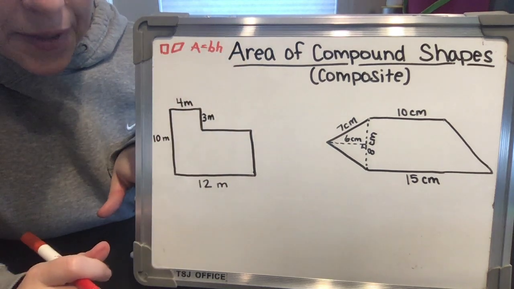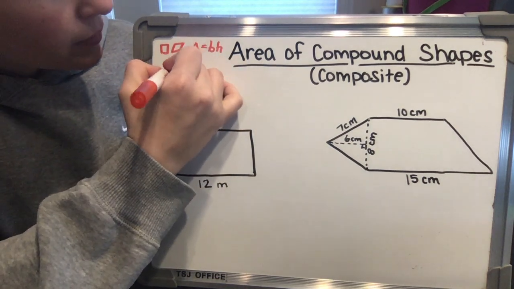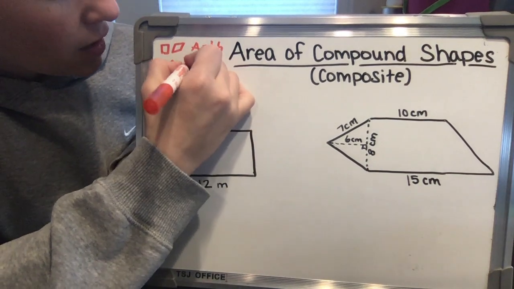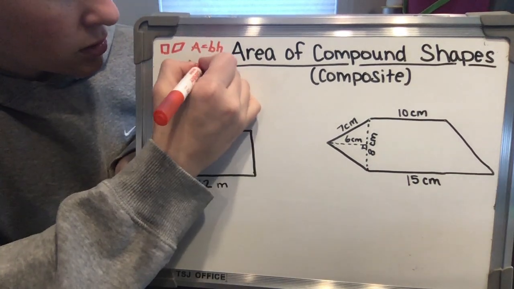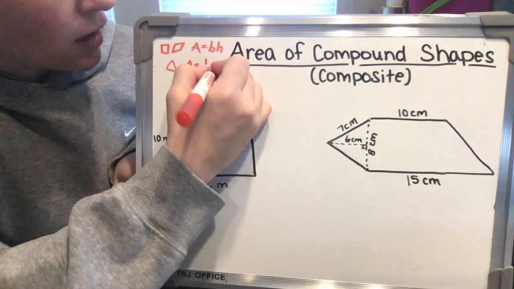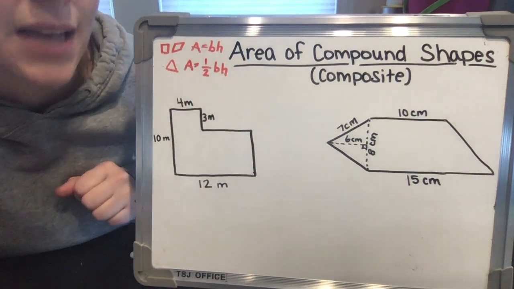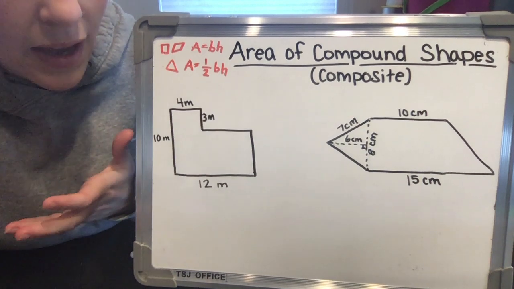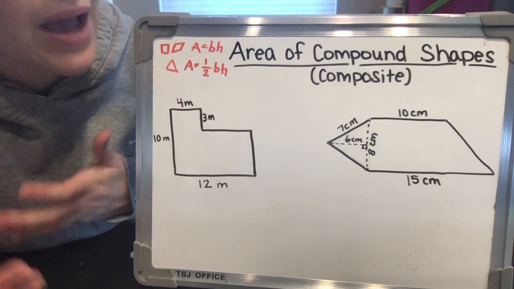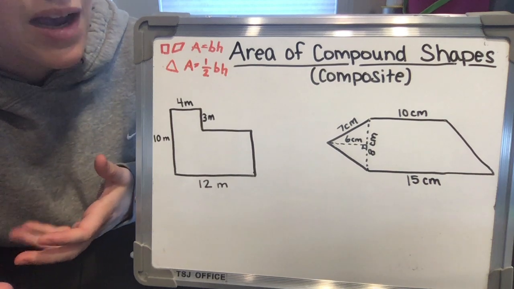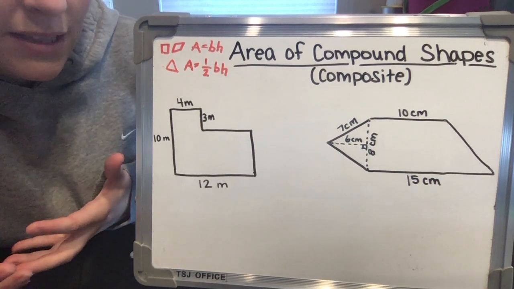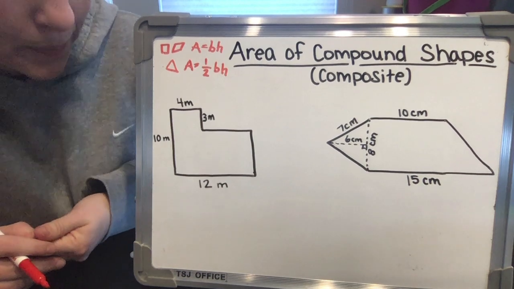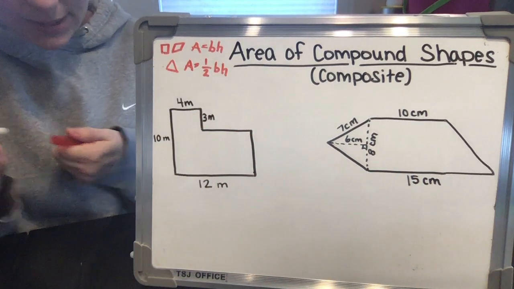The other formula we need to remember today is the formula for the area of a triangle: area equals 1/2 of the base times the height. It's just like a rectangle or a parallelogram, but we have to remember to cut them in half, because triangles are just like rectangles or parallelograms that we've sliced into two pieces or divided by two. Okay, so there are my formulas. I'm ready to go.